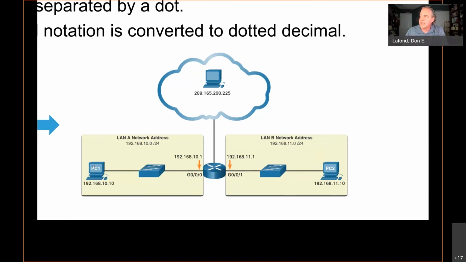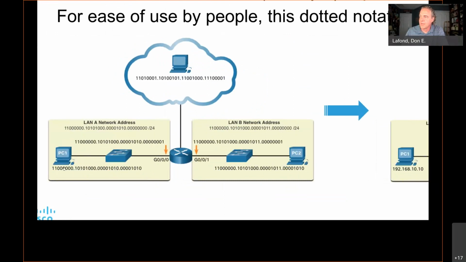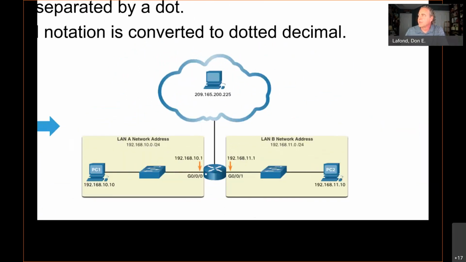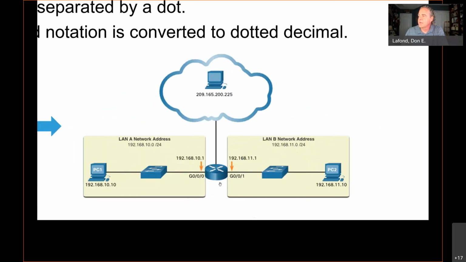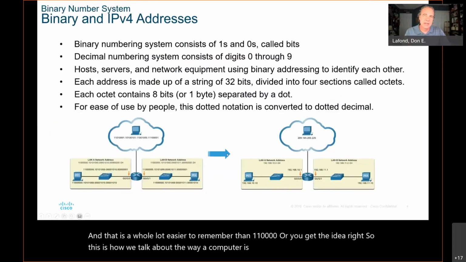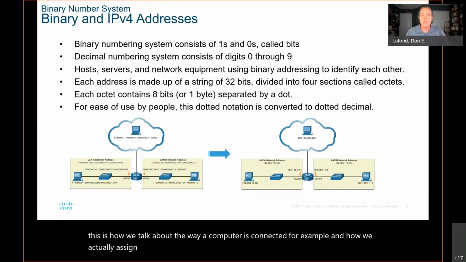So we can set an IP address of 192.168.10.10, and that is a whole lot easier to remember than 11000000. You get the idea, right? So this is how we talk about the way a computer is connected, for example, and how we actually assign addressing for ports.